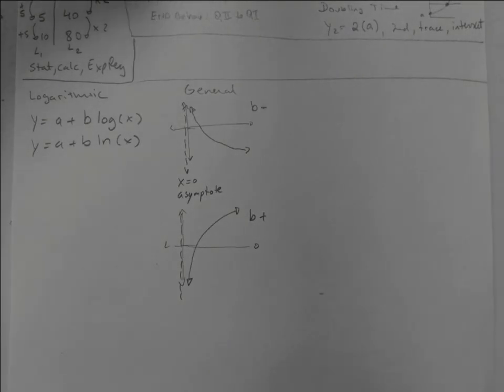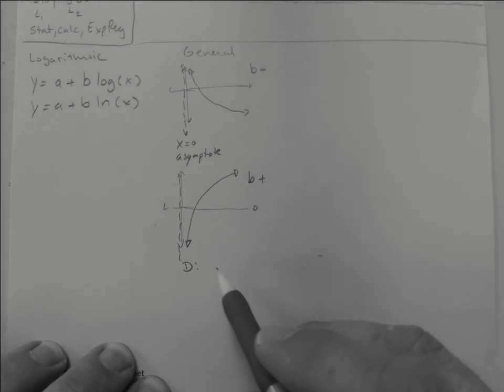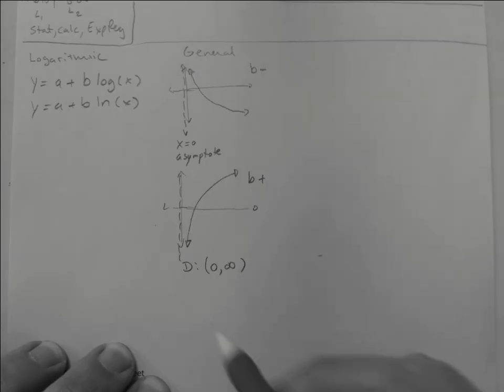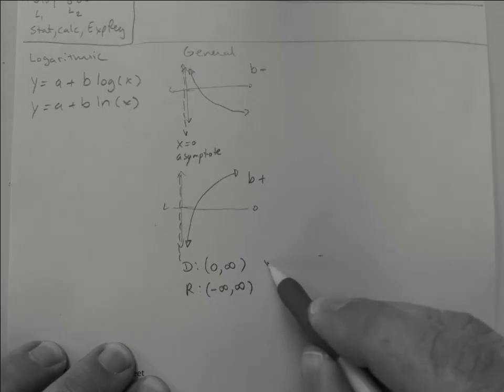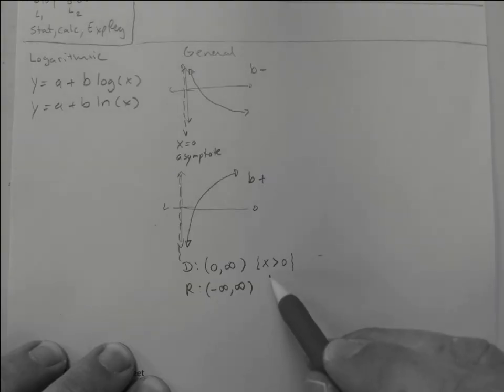Let's do the domain and range. My domain is what? 0 to infinity. And my range is negative infinity to positive infinity. X is greater than 0.